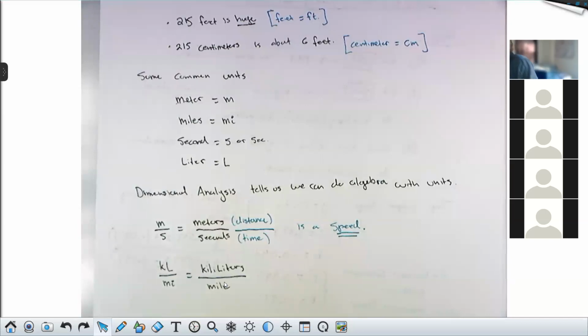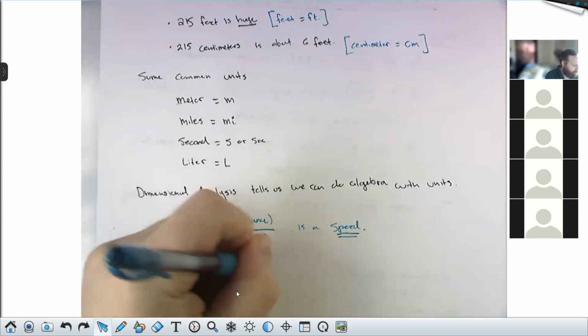This would be a strange unit, but the reason it comes to mind for me is because they're doing some road work in front of my house and they're laying down a bunch of gravel and asphalt. Well, the amount of gravel that they're laying down, that's a volume. It's a large volume, so it would be measured in thousands of liters. And they have to use some amount of that gravel for every mile of road, right? So the units here, kiloliters per mile, would be a volume divided by a distance. Now, this doesn't have a special name.